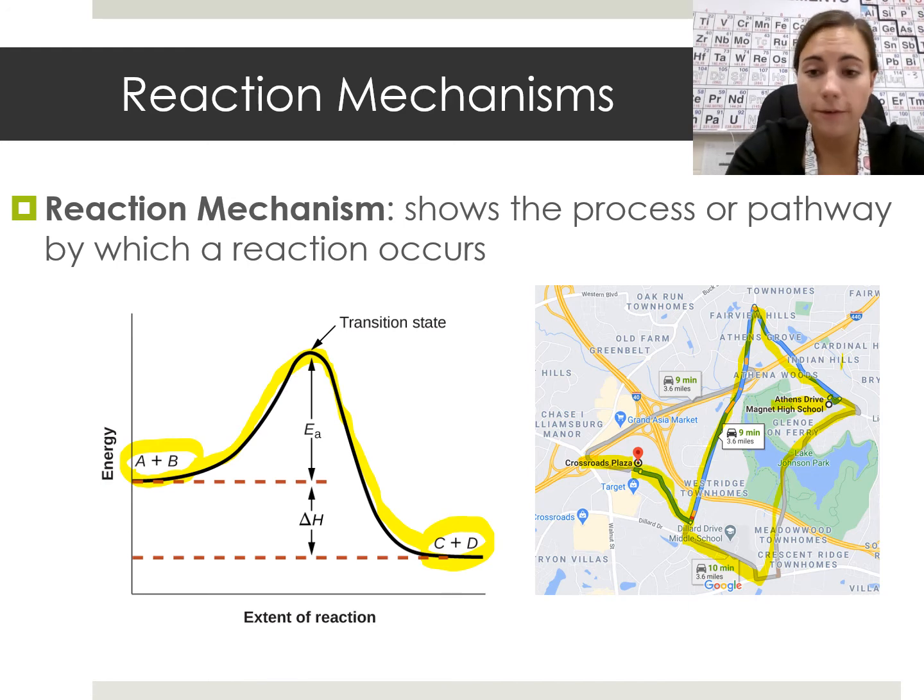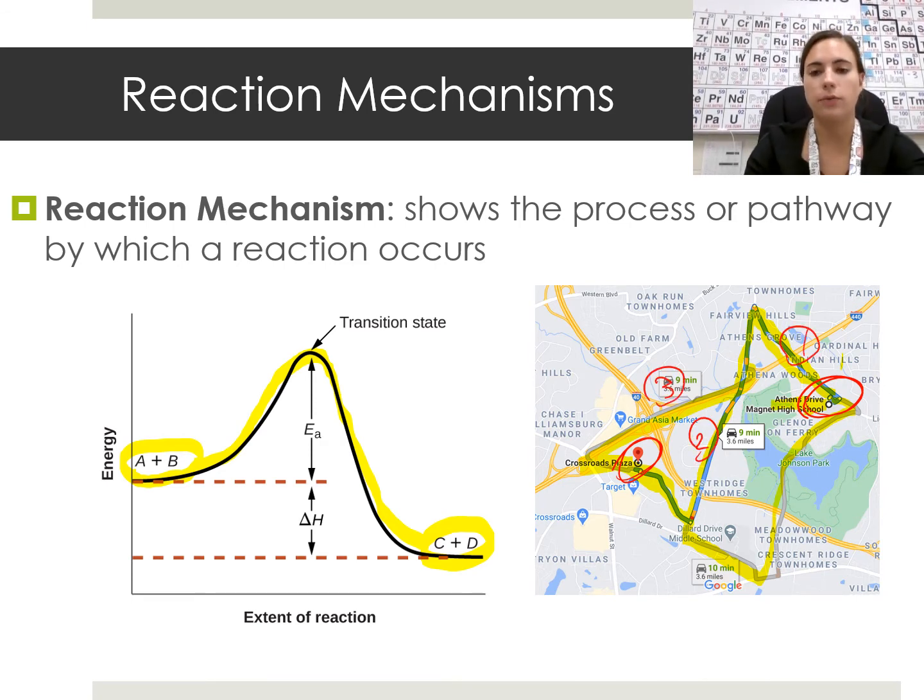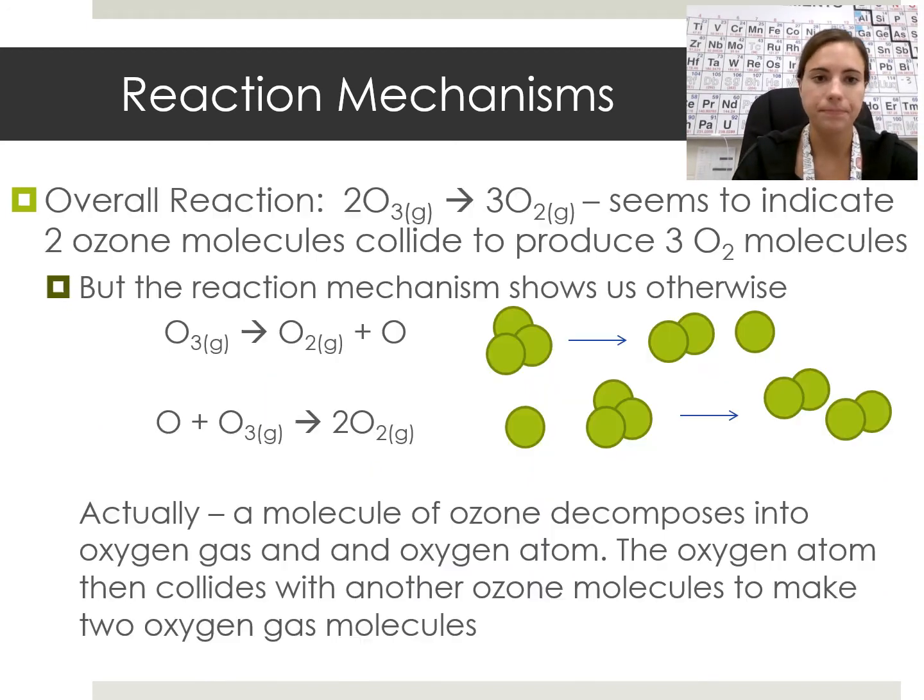Or, if you're feeling fancy, from Jones Franklin, you can get on 440 to get to Crossroads. The point of this is no matter which route I take, I get from Athens Drive to Crossroads. So what reaction mechanisms tell us is which of these routes the reaction took.